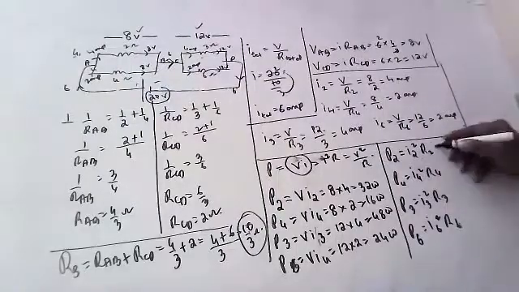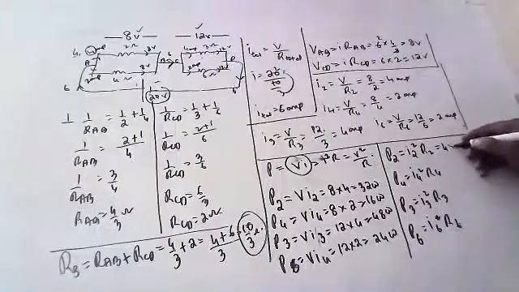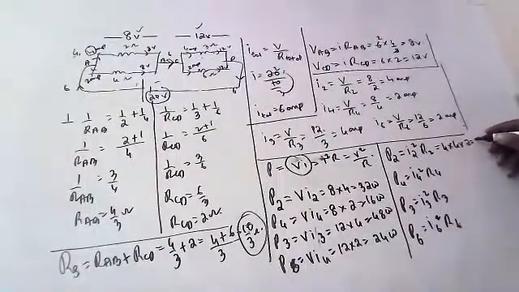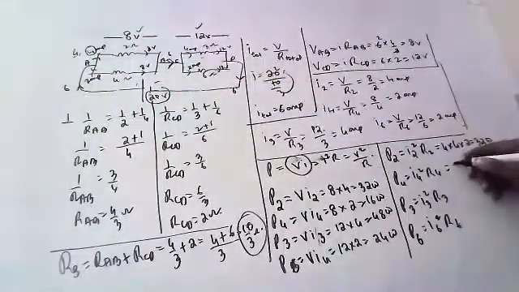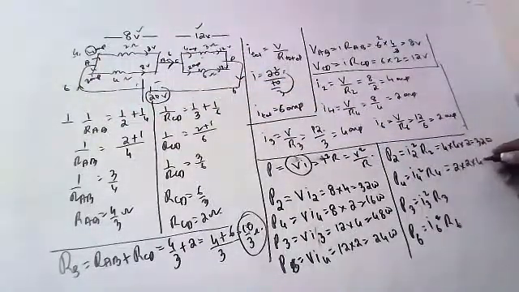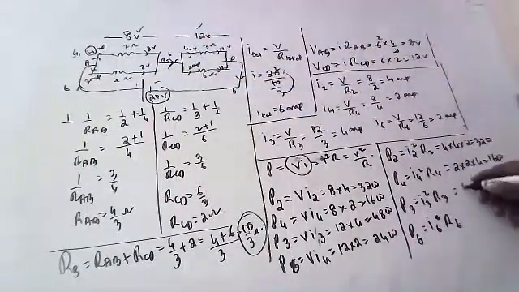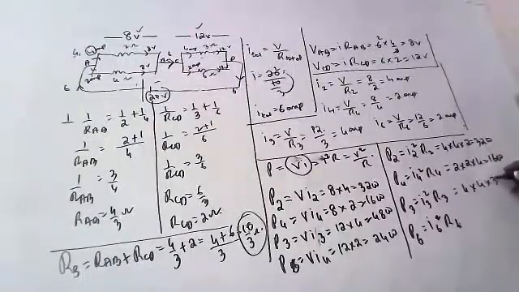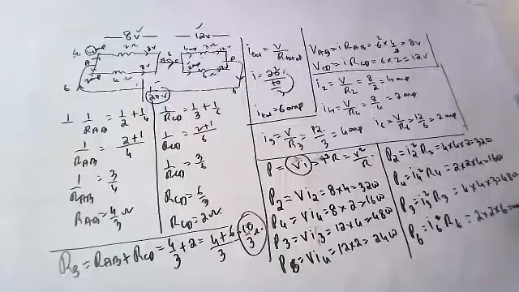Current across 2 is 4, so 4 into 4 into 2 is 32 watts. Current across 4 is 2, so 2 into 2 into 4 is 16 watts. Current across 3 is 4, so 4 into 4 into 3 is 48 watts. Current across 6 is 2, so 2 into 2 into 6 is 24 watts.